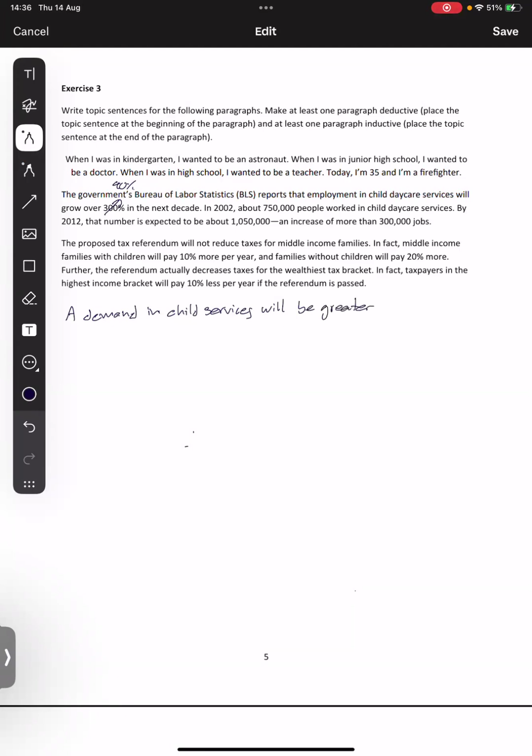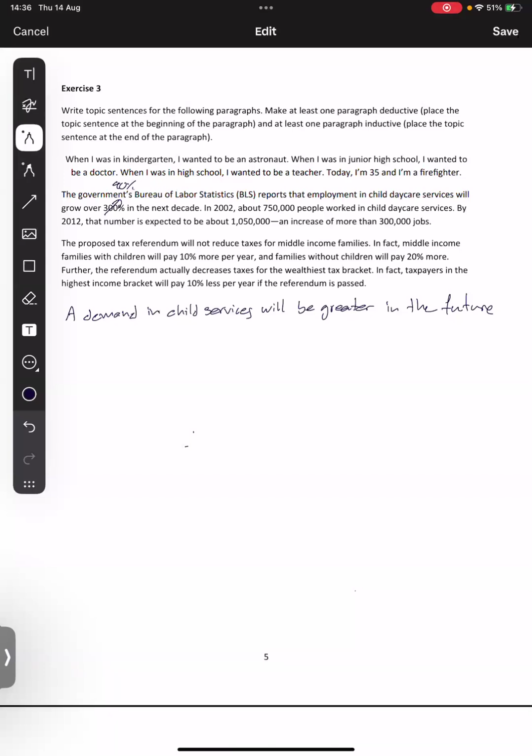It will be greater in the future. Okay. So that's one possible topic: a demand in child services will be greater in the future.